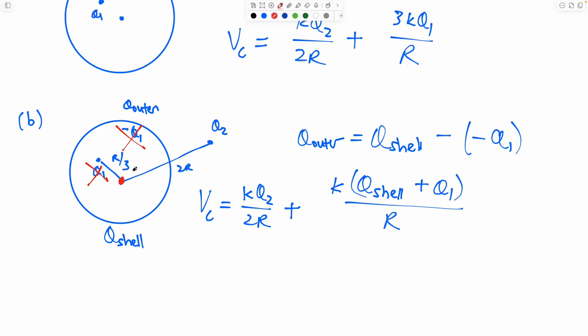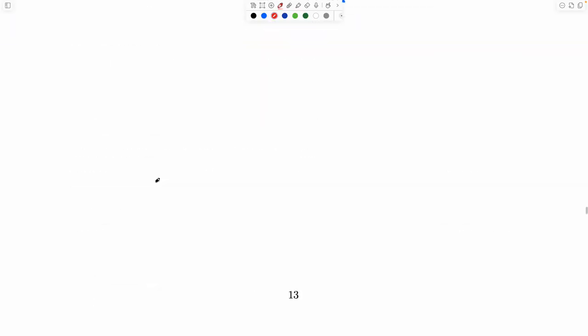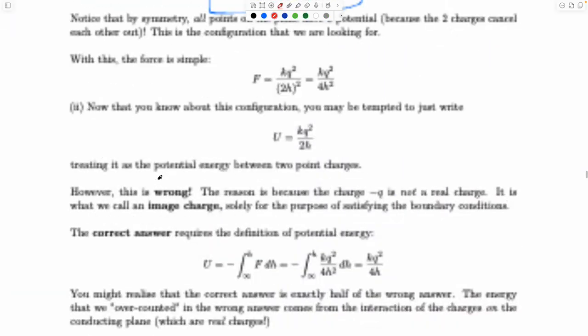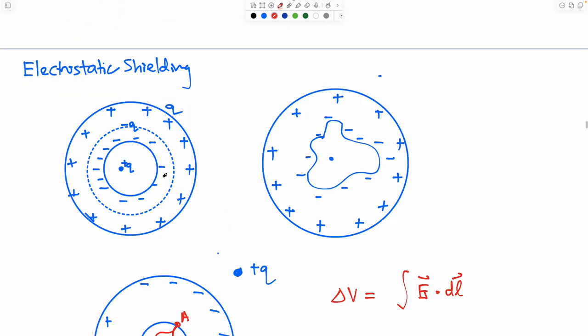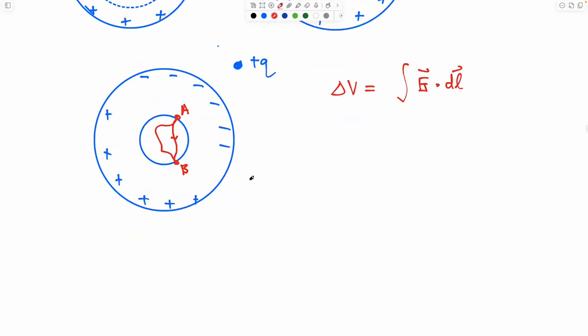Notice that the potential at the shell is, if we go from the center and integrate the electric field along a line, E dot dl, right? But the point is the electric field is zero in the shell due to electrostatic shielding. The outer surface charge will distribute itself in a manner that will cancel out the electric field inside, which is exactly what we were talking about just now. Let me scroll up. Like this thing, right? The field inside must be zero.